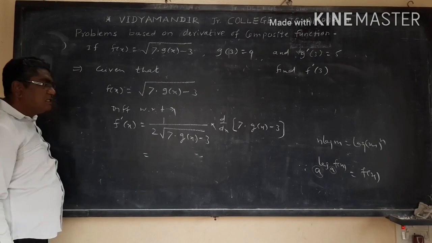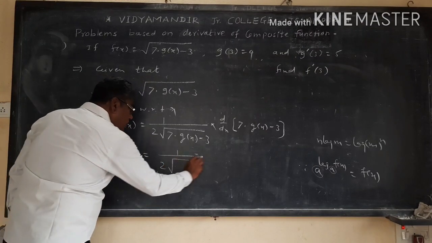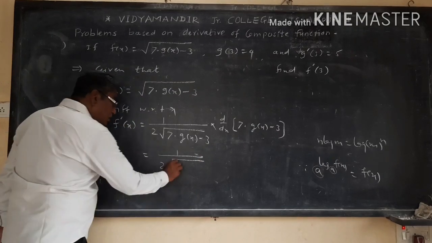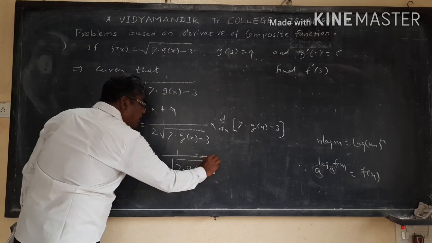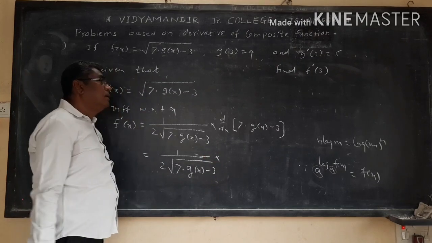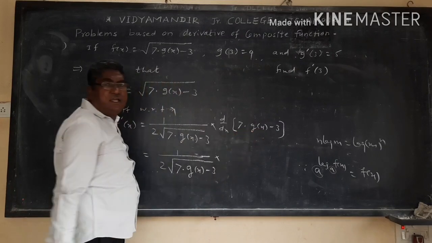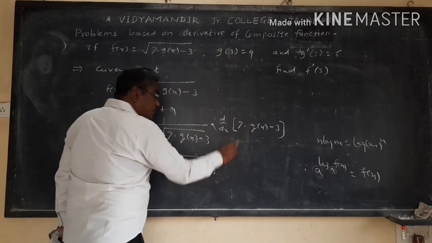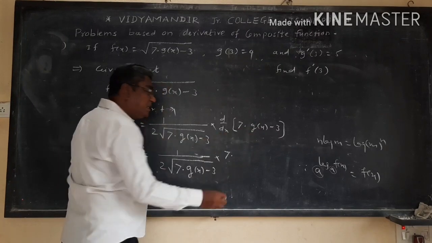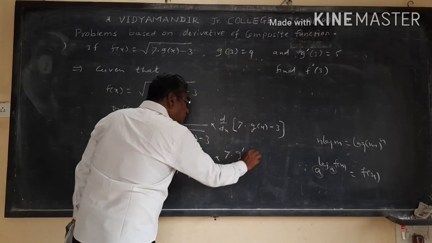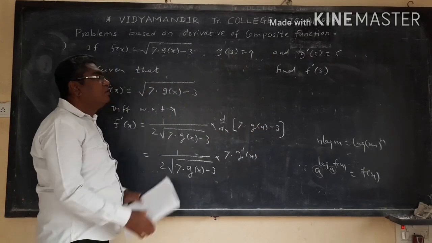F dash of x is equal to 1 upon 2 root of 7 into g of x minus 3 into d by dx of 7 into g of x. 7 is constant, d by dx of g of x is g dash of x. d by dx of 3 is 0.